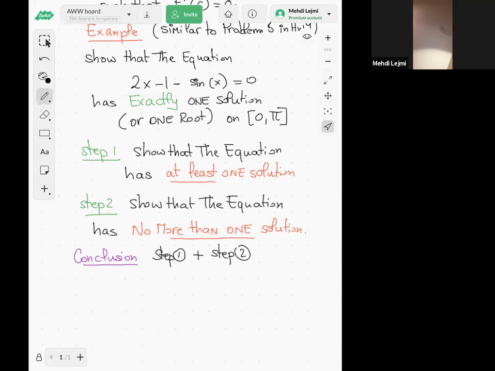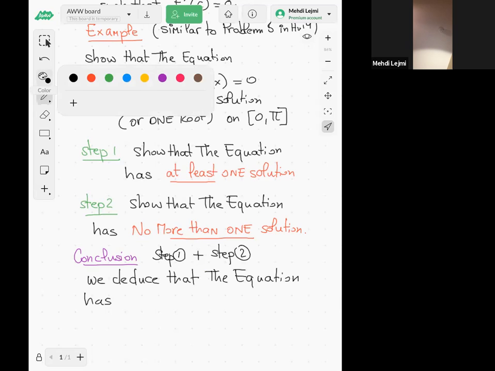So we deduce that the equation has exactly one solution. I'm going to explain how to prove the first step and also the second step.